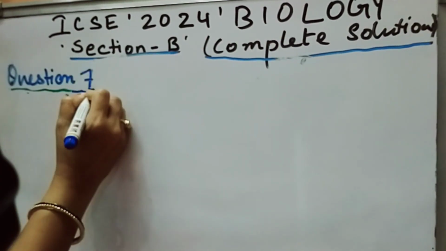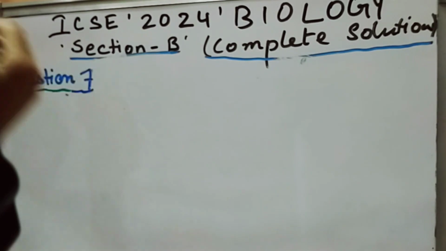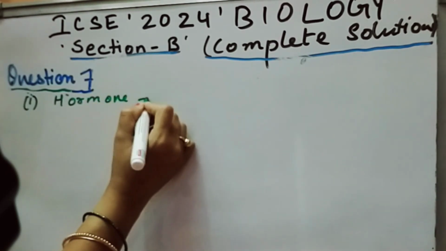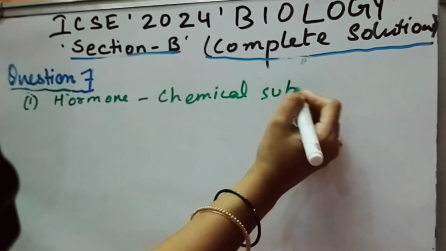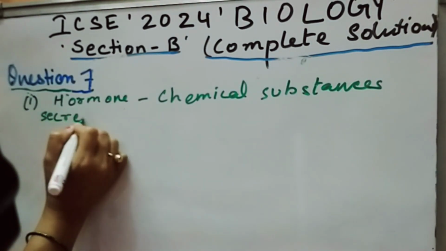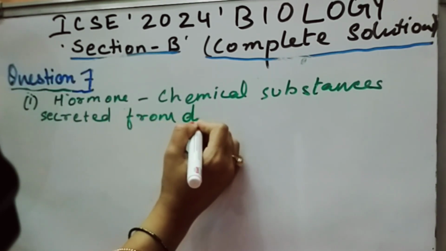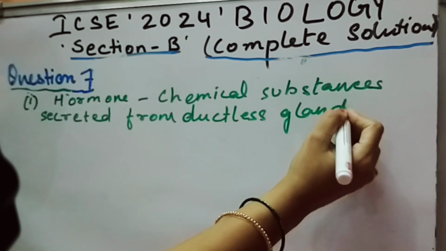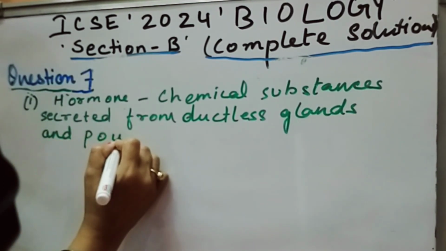Starting with the question number 7 now. The first question is define the term hormone. So hormone definition, there are some keywords you have to write. You can write chemical substances, or also chemical messenger. So chemical substances, first keyword, secreted from ductless glands. Remember that endocrine glands are ductless glands and pour directly into the blood.